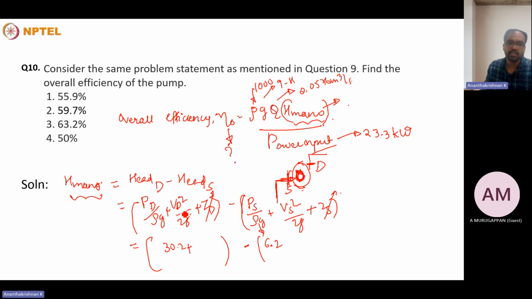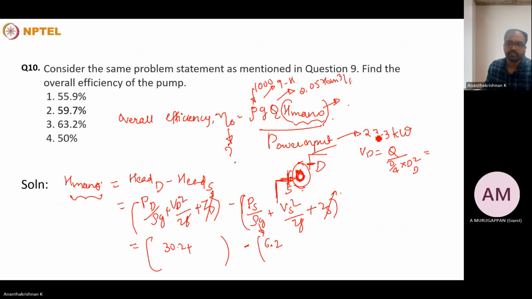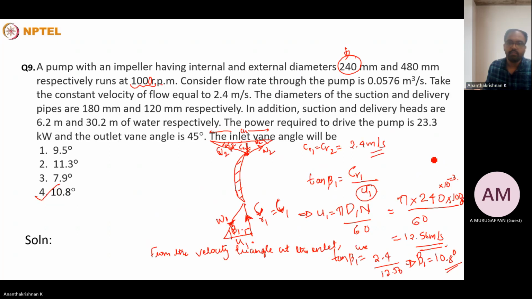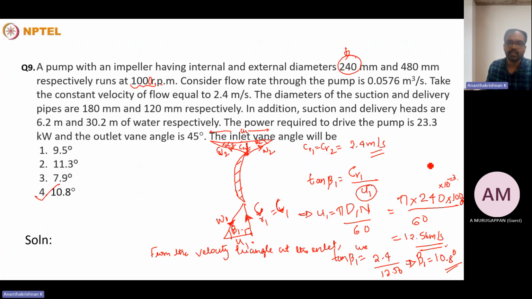We need to calculate the velocities in the delivery pipe as well as the suction pipe. So VD, we know the discharge, can be written as Q divided by pi by 4 into d squared of the delivery tube. So the discharge is 0.0576 divided by pi by 4 into the diameter squared, where the diameter of the delivery pipe is 120 mm.